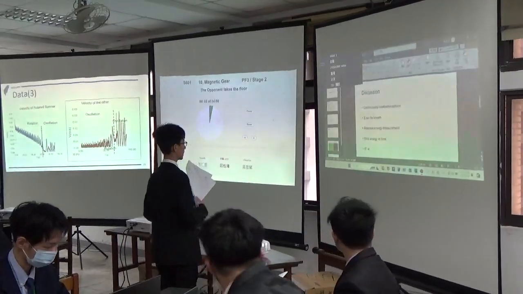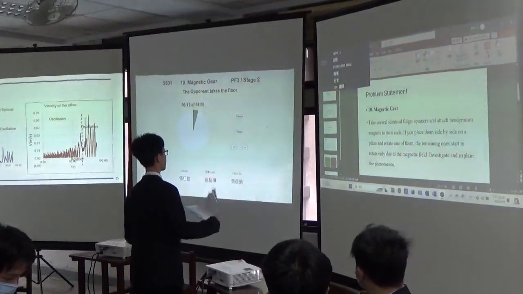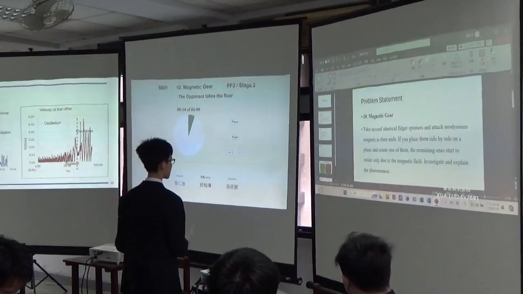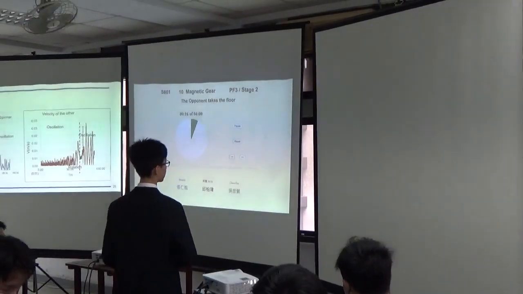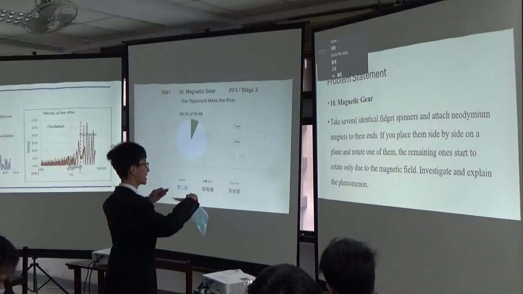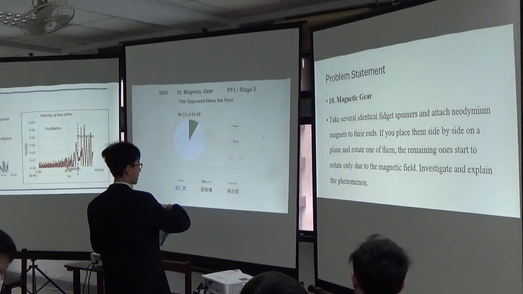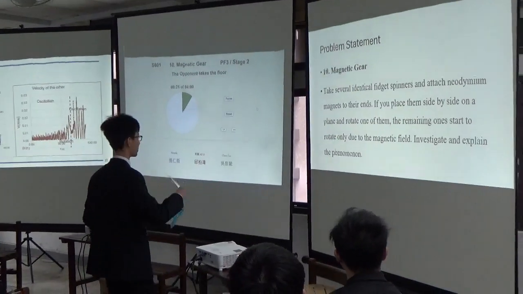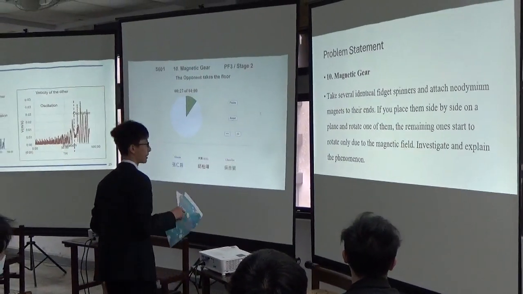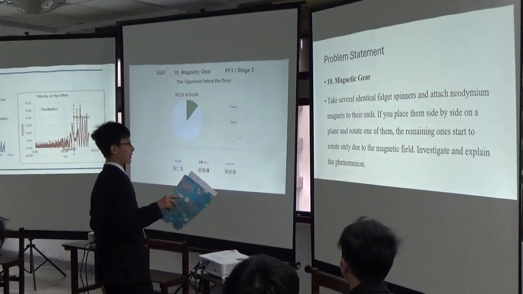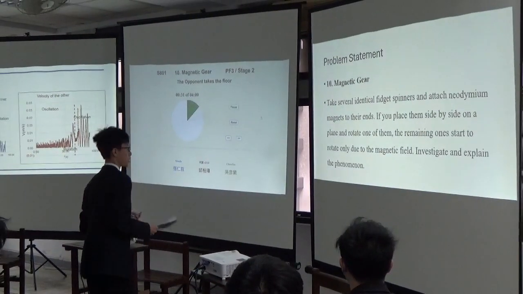Okay, I'd like to summarize the report. And this is the main gear. If you place them side by side on the plane and remove one of them, the remaining one starts to rotate only due to the magnetic field. Investigate and explain the phenomenon.